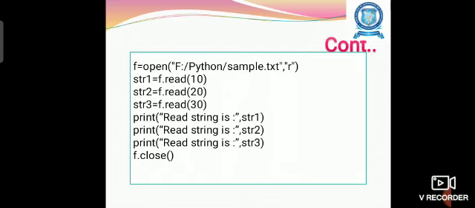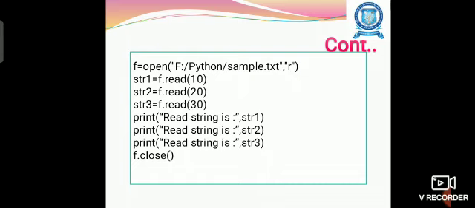Whenever the Python program refers to the file, one file object is maintained, and based upon the characters referred continuously, the file object moves on through the file. So by the first read operation, the first 10 characters will be retrieved from the file and stored into the string variable str1.